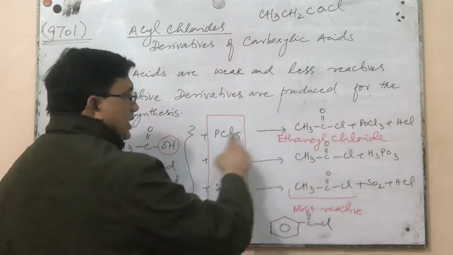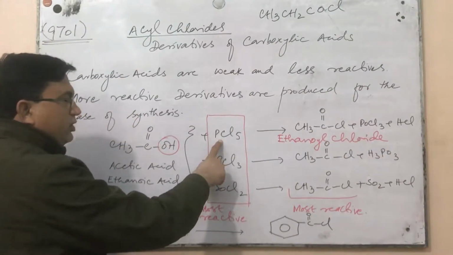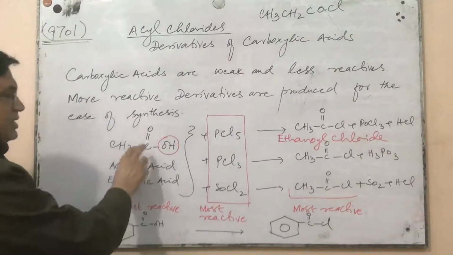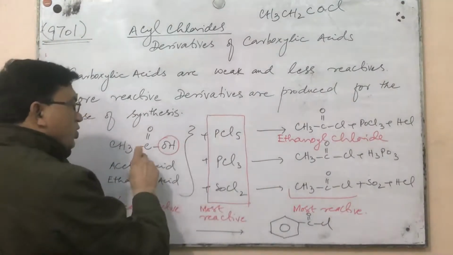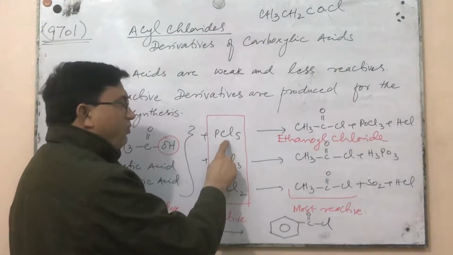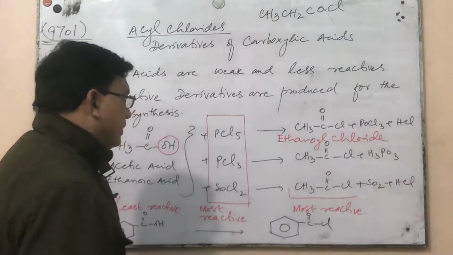No special condition is required for this reaction because phosphorus pentachloride is a more reactive substance. Carboxylic acid is a less reactive substance. That's why the reaction of both these takes place due to the reactive nature of PCl5 at normal conditions, and no special conditions are required.